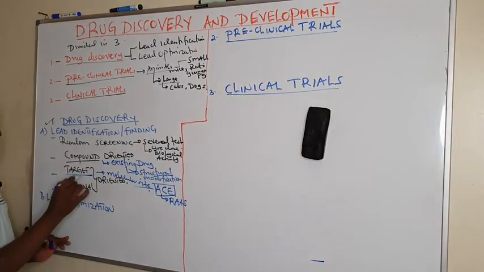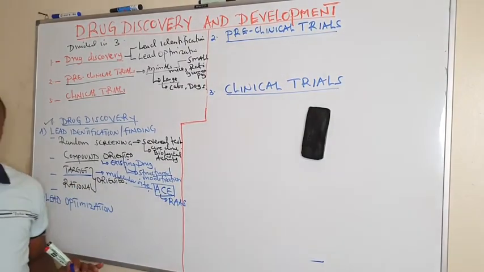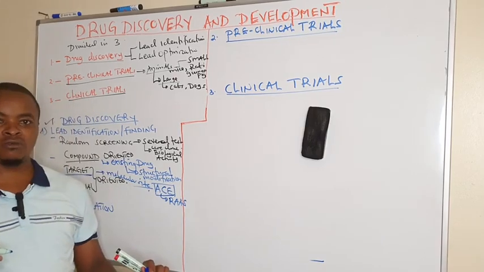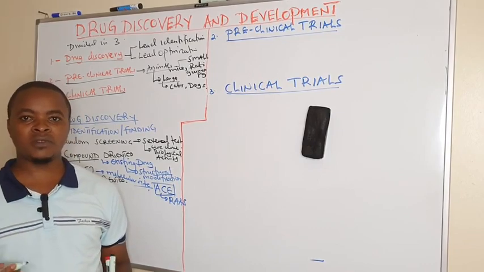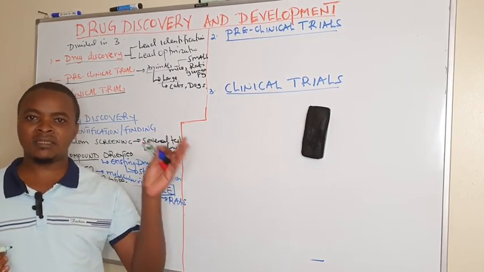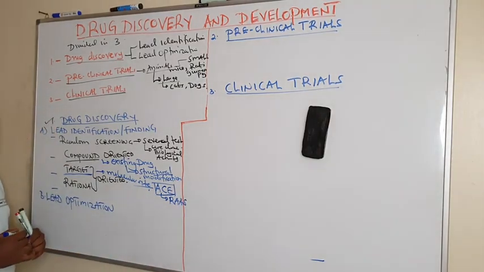So this is what we call target oriented. You know the molecular site you want to inhibit, so you test the chemical compound to see if it can inhibit that site.